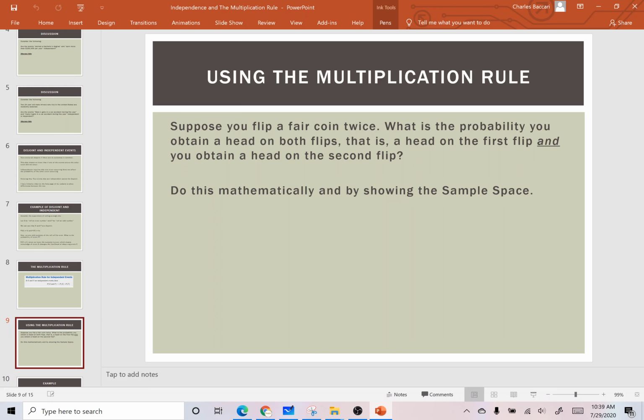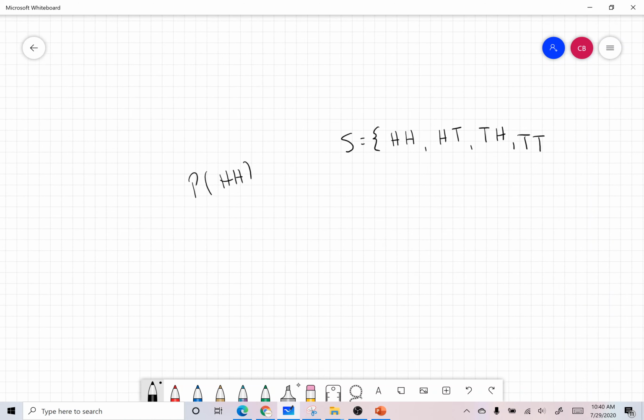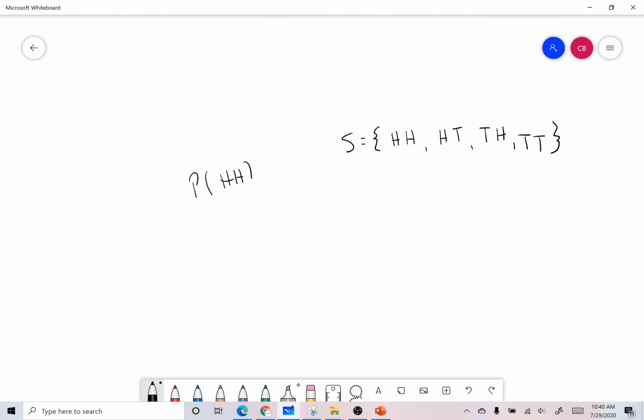Okay, so let's look at the sample space. We have the probability of heads, that's the first one they mentioned. So what's the sample space? The sample space for this is going to be heads-heads, heads-tails, tails-heads, and tails-tails.